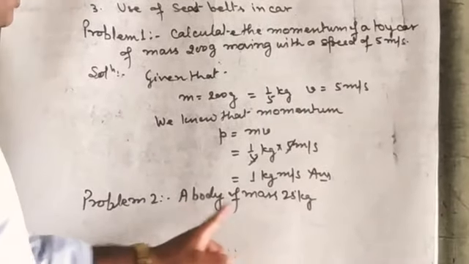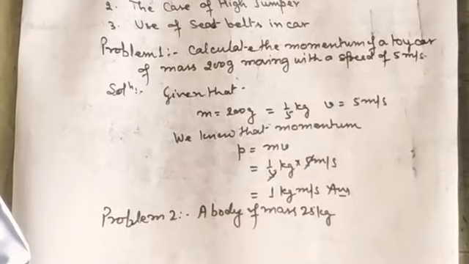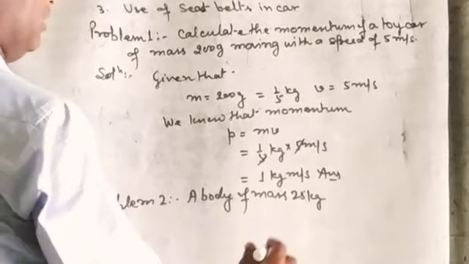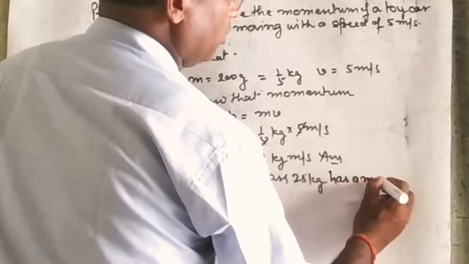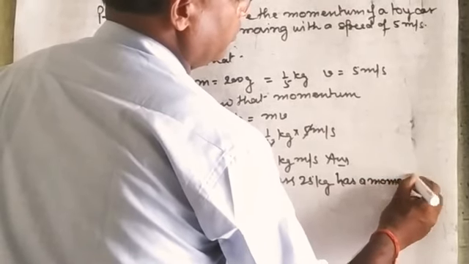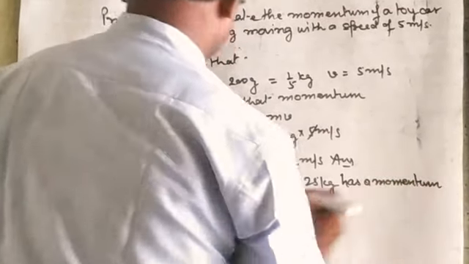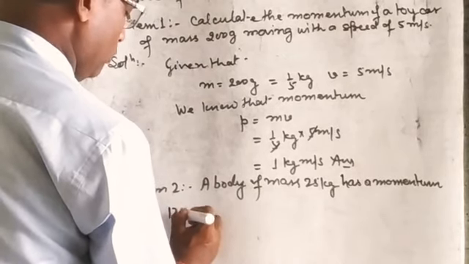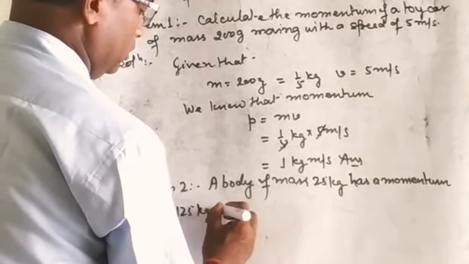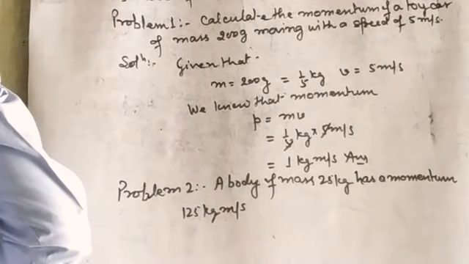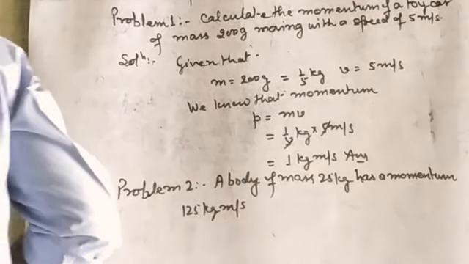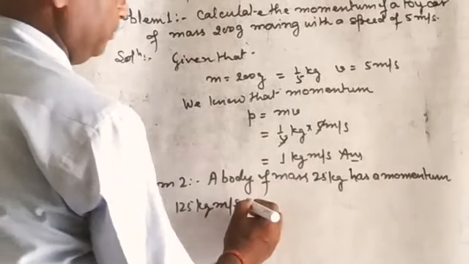Problem 2. A body of mass 25 kilogram has a momentum of 125 kilogram meter per second. Calculate the velocity of the body.